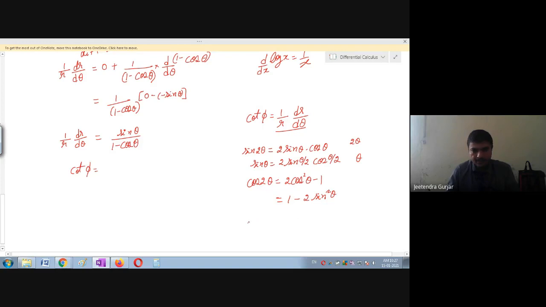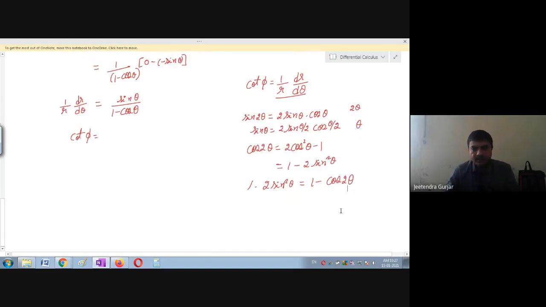Therefore 2 sine square theta can be written as 1 minus cos 2 theta. Am I right? Yes, students, any confusion here? I have used the cos 2 theta formula. I can write this as 2 cos square theta minus 1, and I can also write this as 1 minus 2 sine square theta.